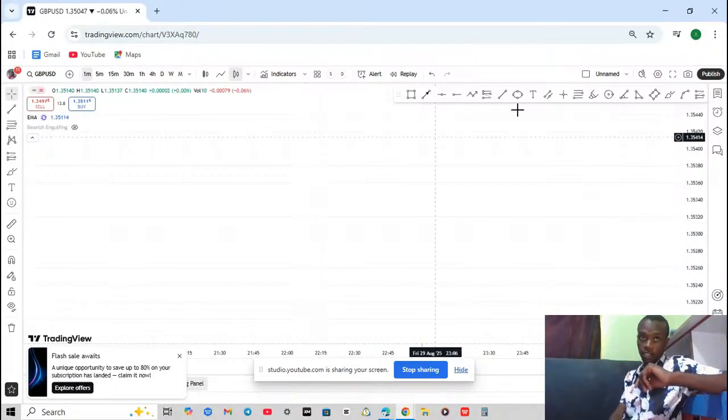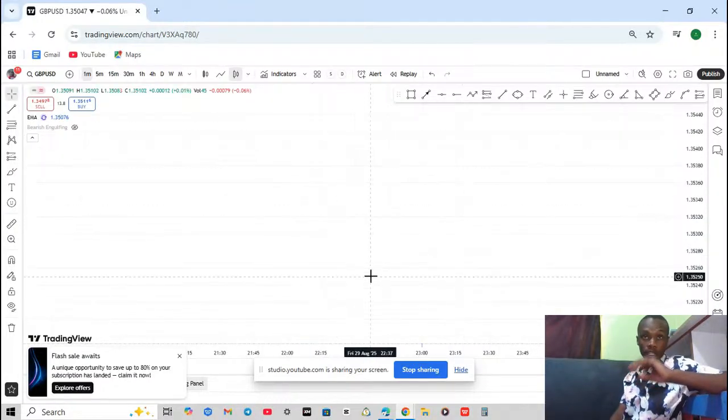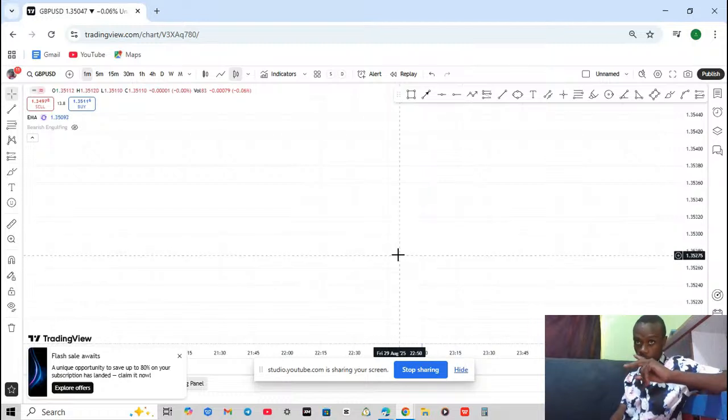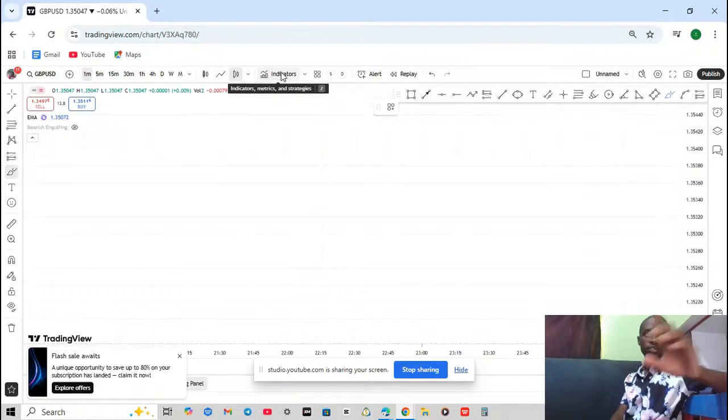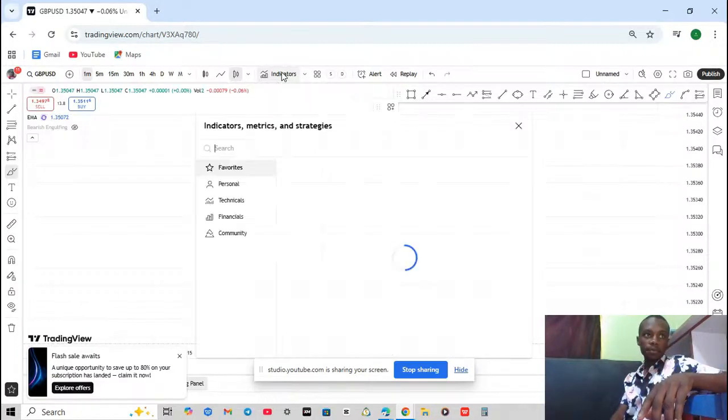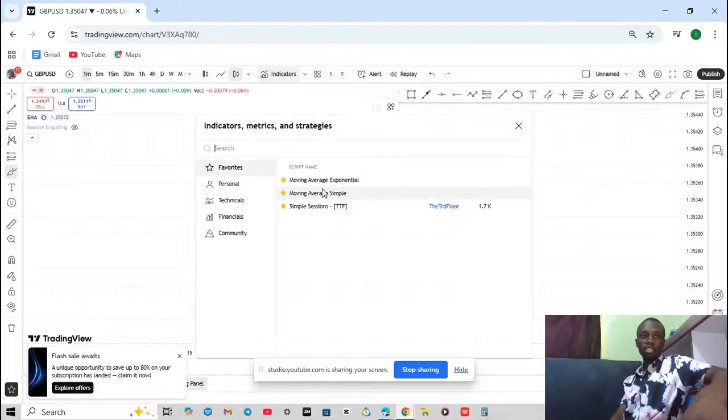It's a trading strategy that uses two time frames. In these two time frames, I actually use only one indicator, and the indicator is a 50 exponential moving average. Do you know the 50 exponential moving average? You come here to the indicators and search for it. It's my favorite, moving average exponential.